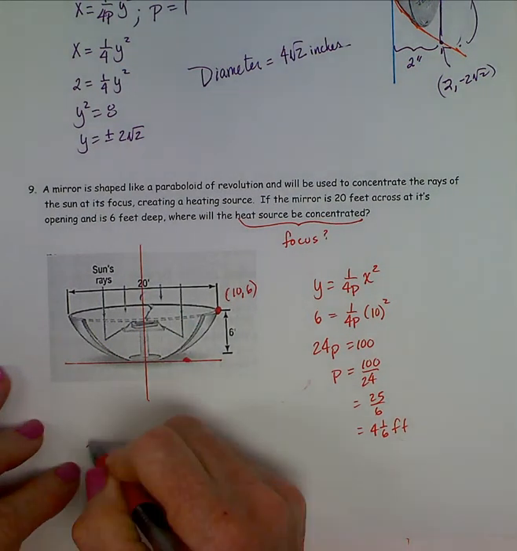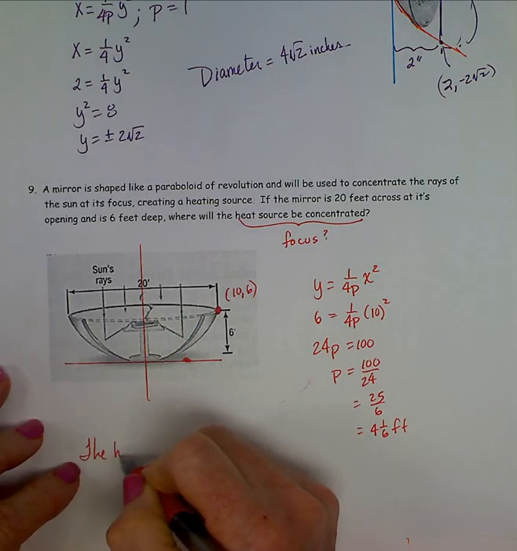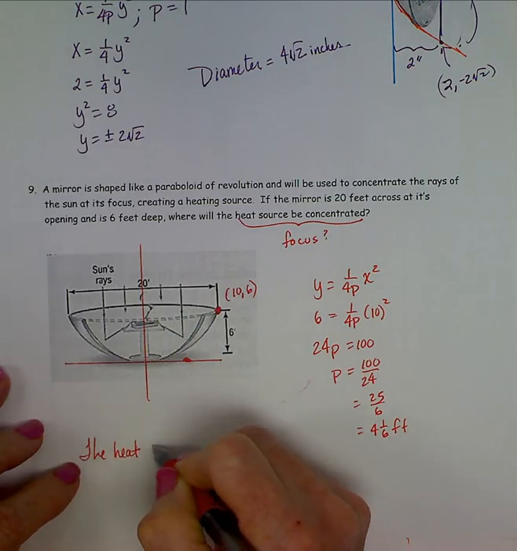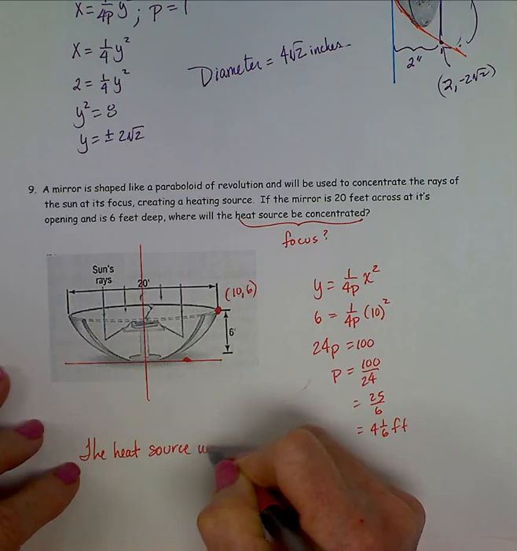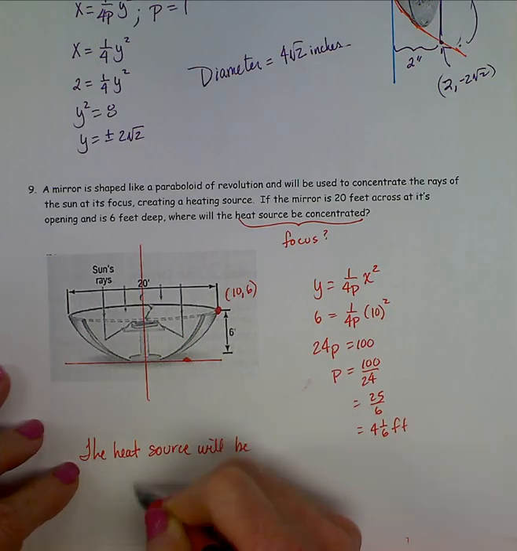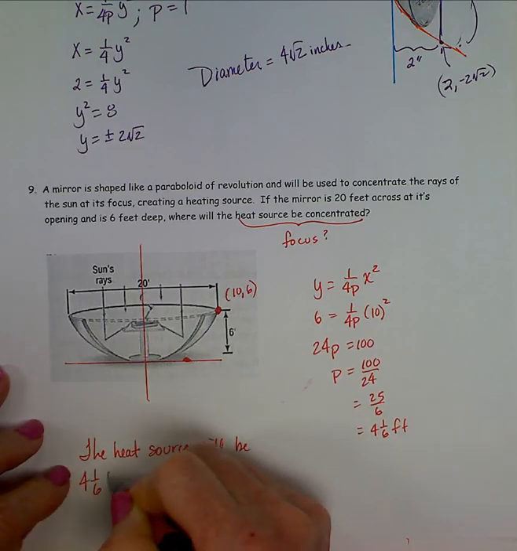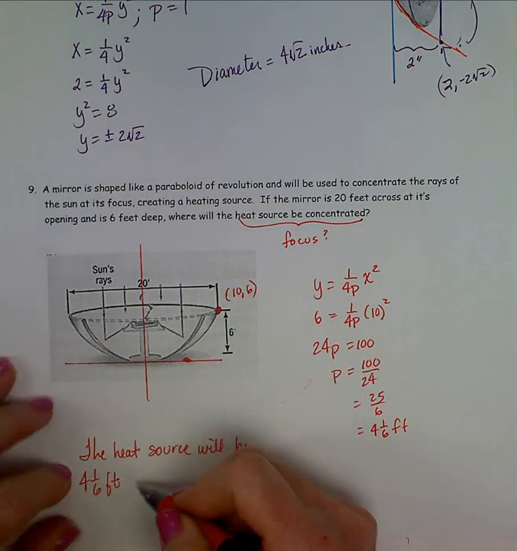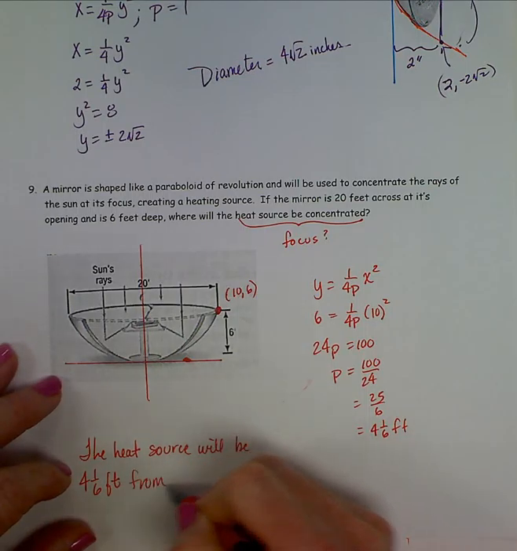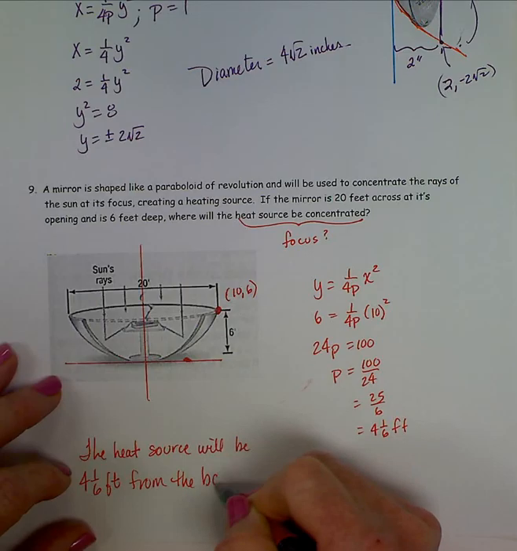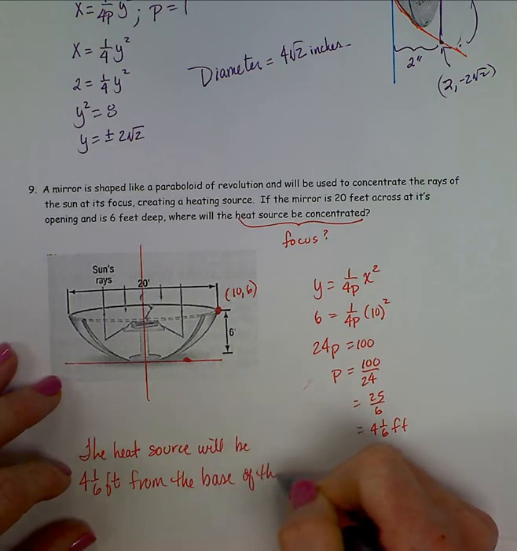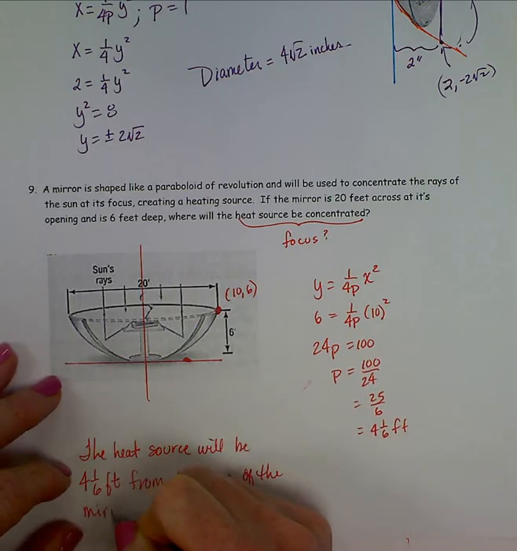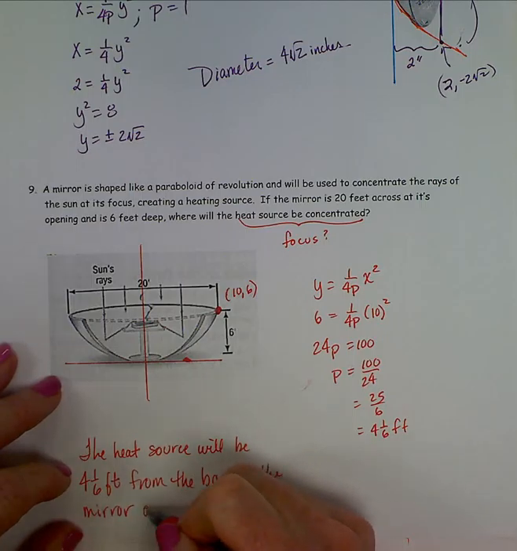So this heat source will be 4 and 1/6 feet from the base of the mirror along the axis of symmetry.